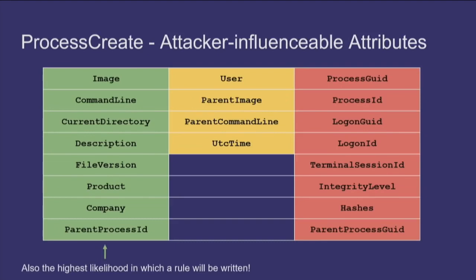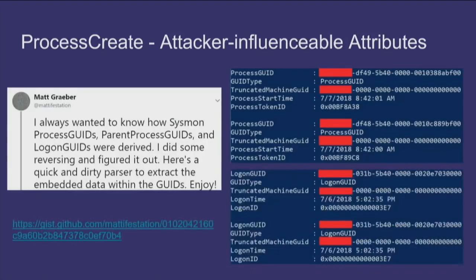Now, I didn't just blindly accept that those in the red would not be directly influenceable. For example, there was a time when I didn't understand how the process GUID was actually built until I reversed the Sysmon service and learned that it is actually comprised of the machine GUID, which can be retrieved from the registry.